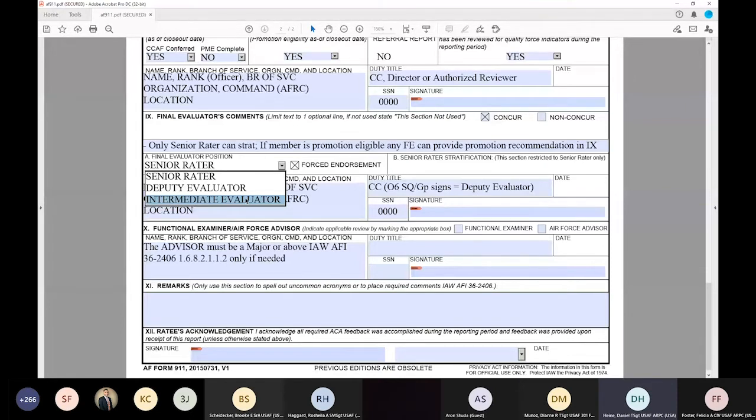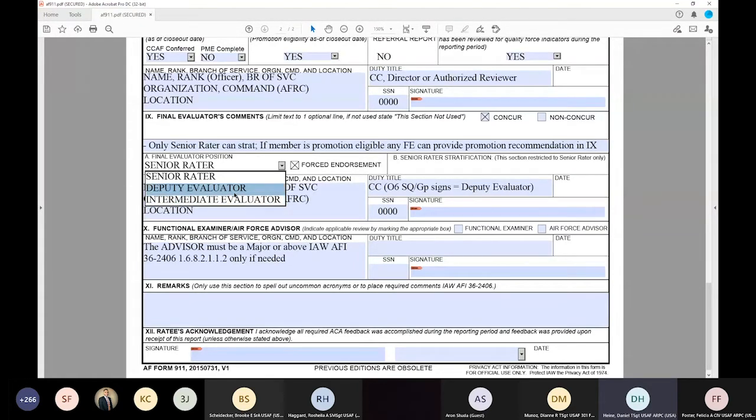So I've seen quite often where there are captains as unit commanders, and they are allowed to sign in the guard as an intermediate evaluator. For the reserves, the final evaluator must be at least a major and a squadron unit commander.